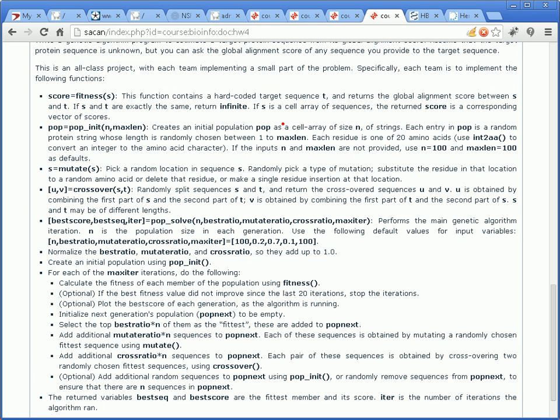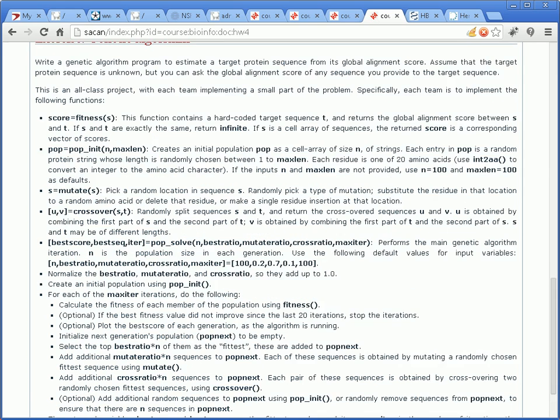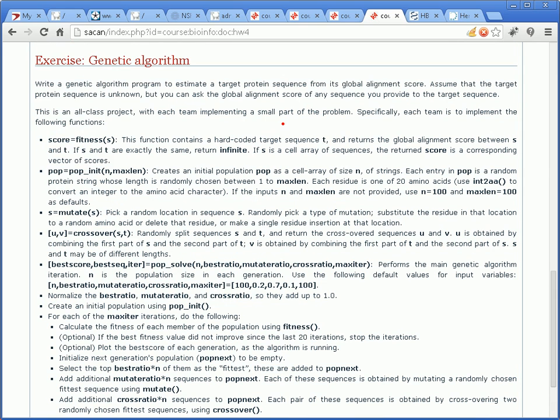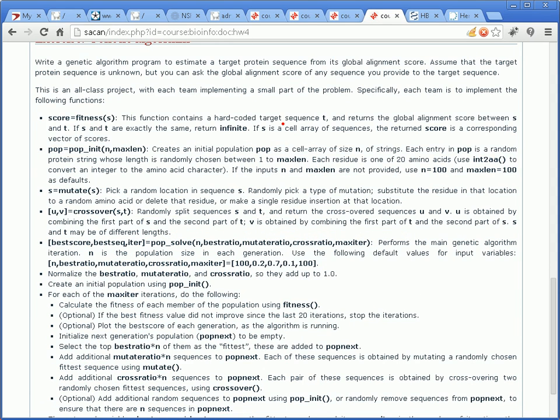The fitness is just going to be the alignment score of that with the given target protein sequence. So we are trying to discover a sequence based on its alignment score. We will pretend that we don't know the sequence. We are trying to find it. So that's the problem.